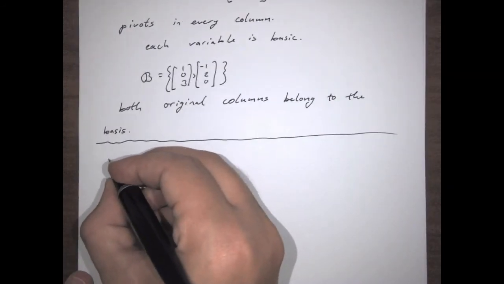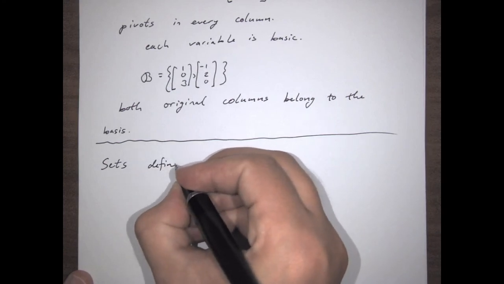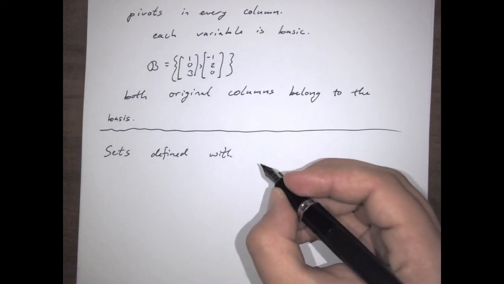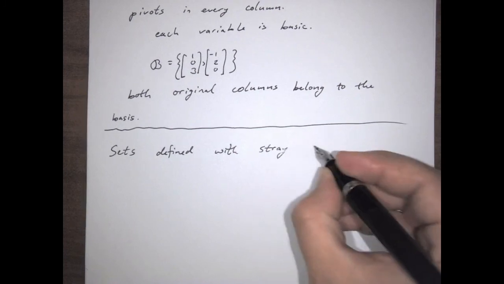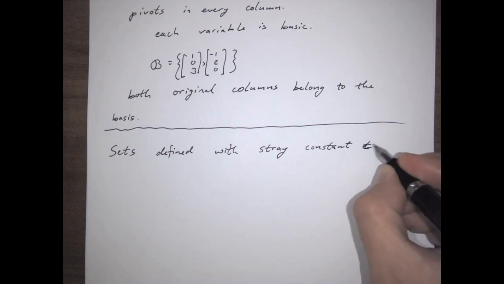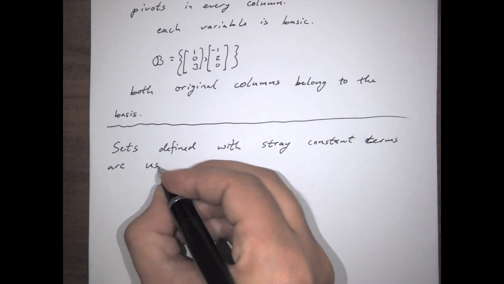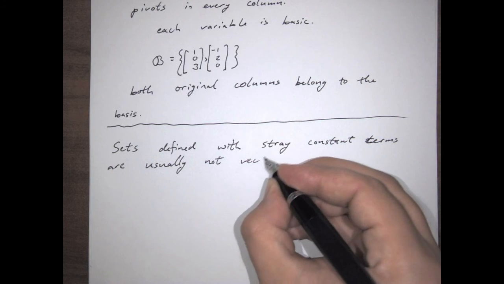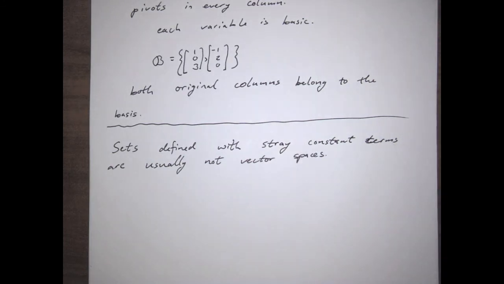So, sets defined with stray constant terms are usually not vector spaces. So don't try to use this.